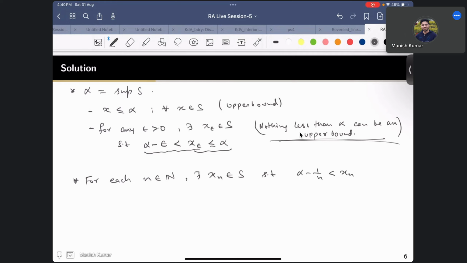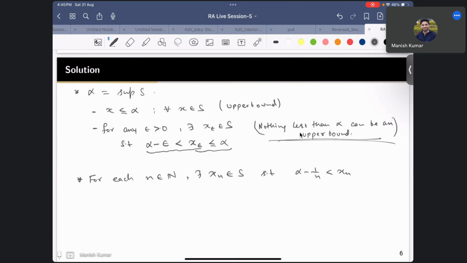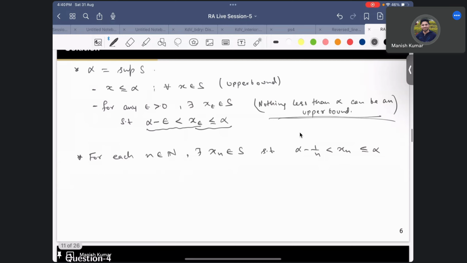So I can get a sequence xn which is greater than alpha minus 1 by n, and obviously I know that this is less than or equal to alpha. From here you can clearly see that if I use the sandwich theorem, or squeeze theorem, we get that the sequence xn is convergent and the limit value is alpha. So this proves that the limit of xn is equal to alpha, by the sandwich or squeeze theorem.